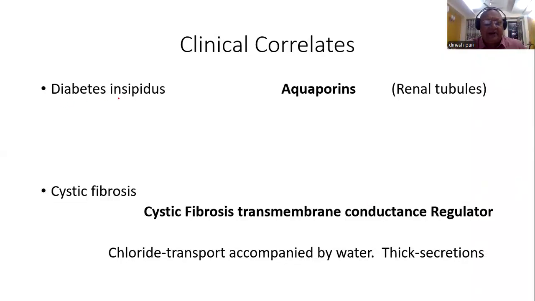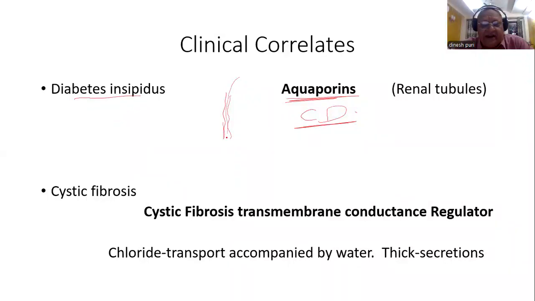Diabetes insipidus is a condition where ADH mediated reabsorption of water is hampered. There are certain transporters, actually channels, in the collecting duct of the renal nephron, where these aquaporins are present. And these are pores, actually, as the name says, pores for water, aquaporin.